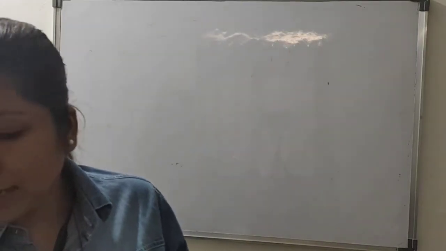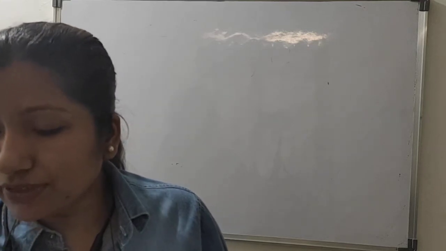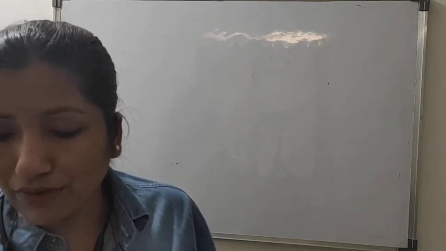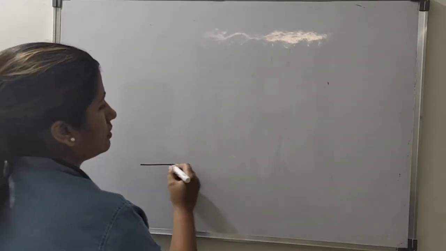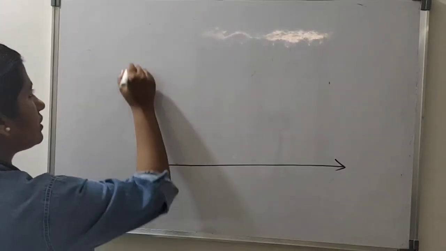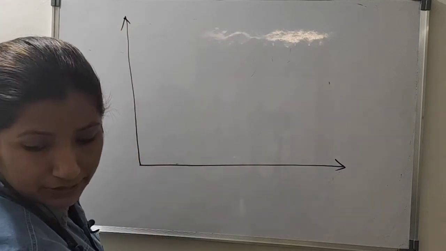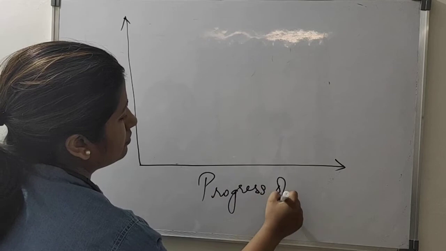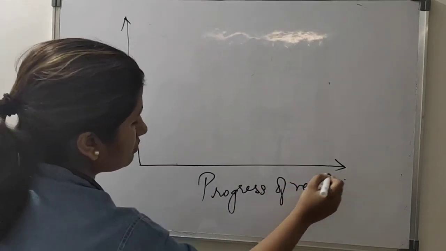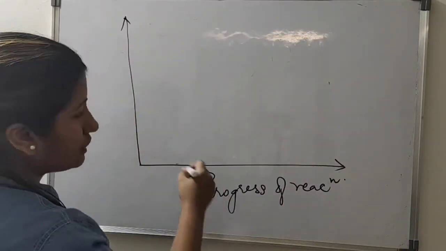Now, to understand this better, we have a graph in your textbook on page number 156. That graph explains the activation energy. So, progress of reaction, and this is potential energy.